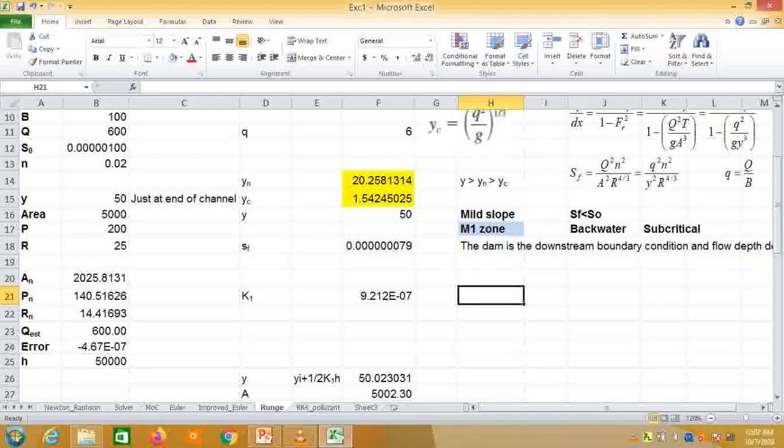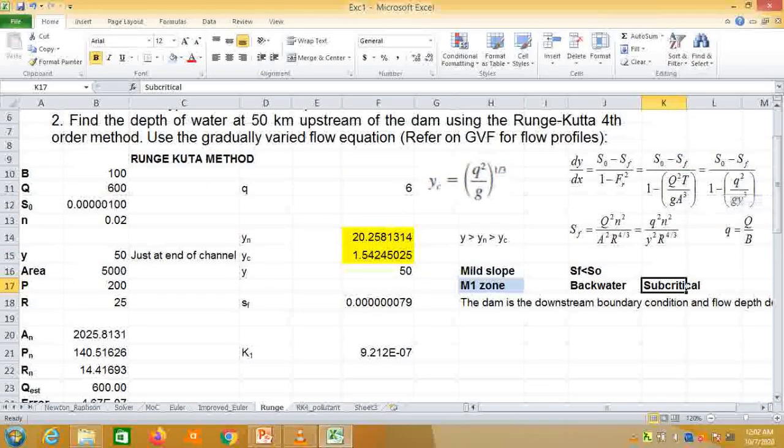Of course, you can easily find these values from the ratio of dy per dx here. Right? So you already know the value of S naught, and then you know SF. Since Y exceeds Yn, then obviously you can obtain the sign for S naught minus SF.